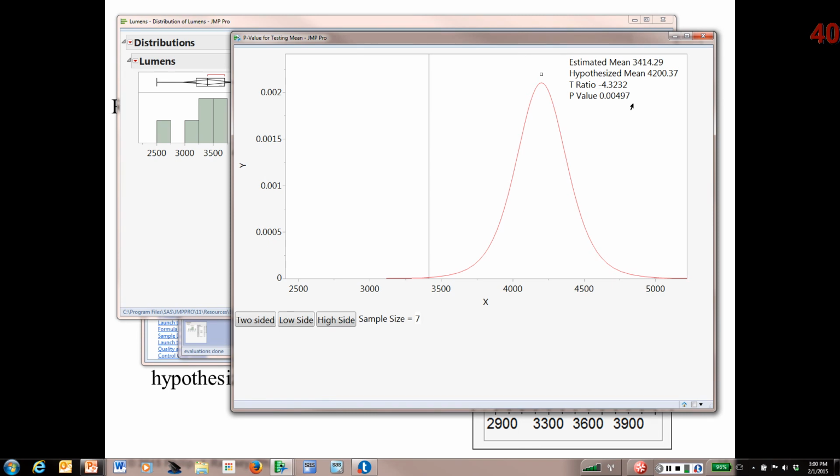As a result, in this particular case, we would overwhelmingly reject the null hypothesis. In other words, the discrepancy between the theoretical hypothesized mean of 4,200 and the observed value of 3,414 is so extreme that there is little evidence that the null hypothesis is true, and we would simply reject it.